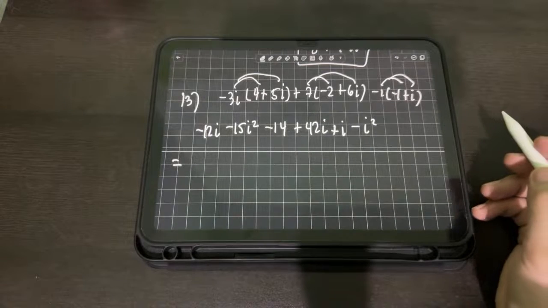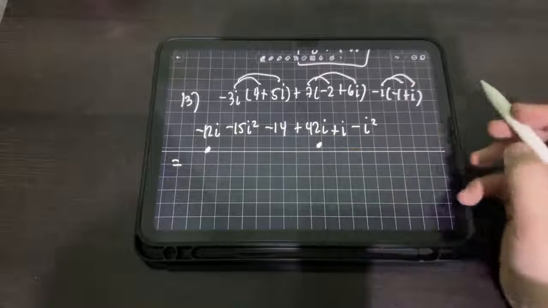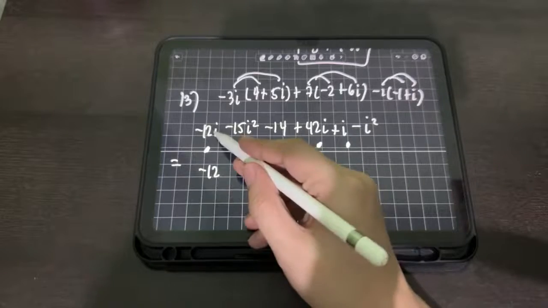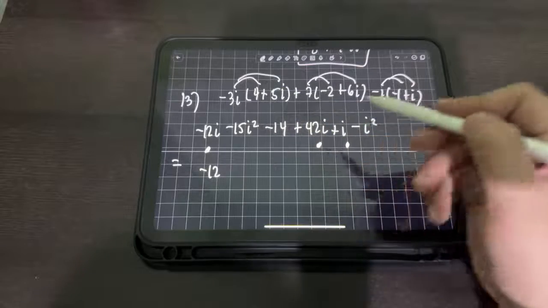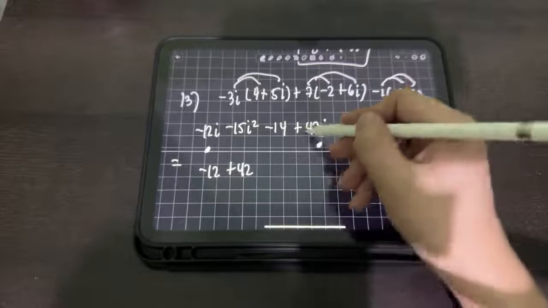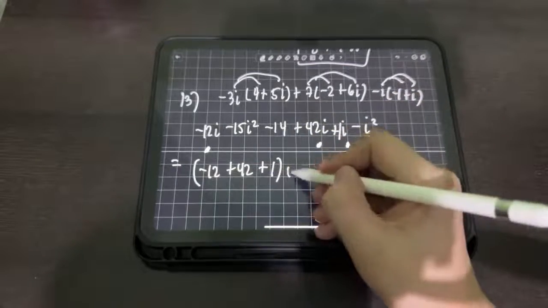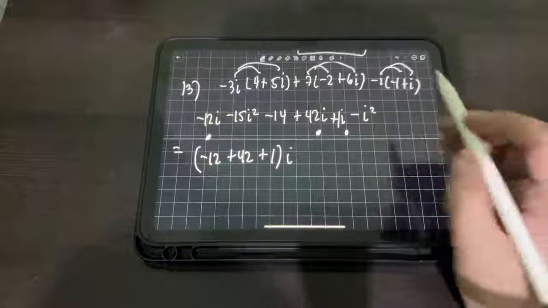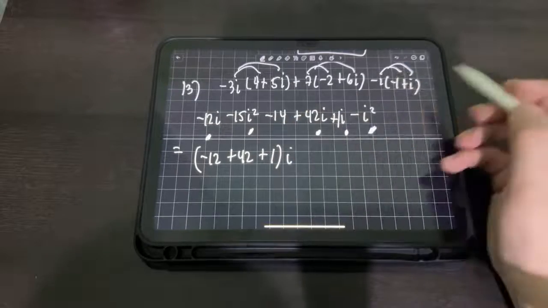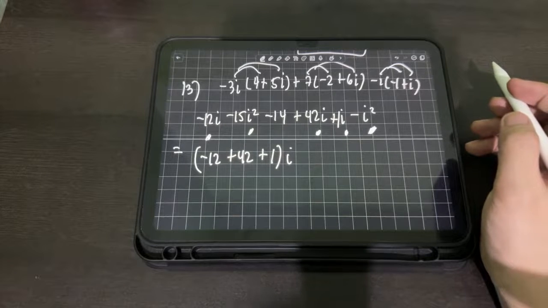Okay, so we can actually combine the imaginary parts already. We have negative 12i plus 42i plus i. So negative 12 plus 42 plus 1i, right? Okay. And then again, this i squared is equivalent to negative 1.